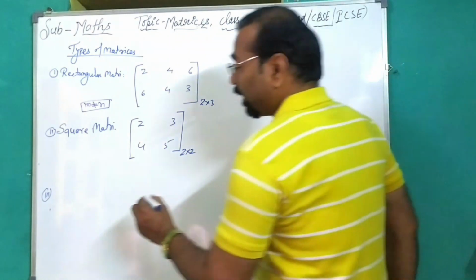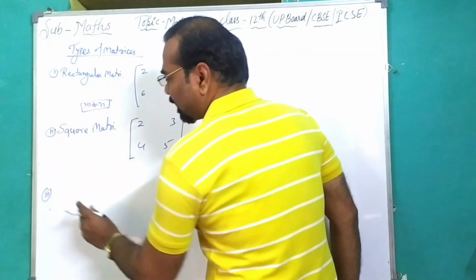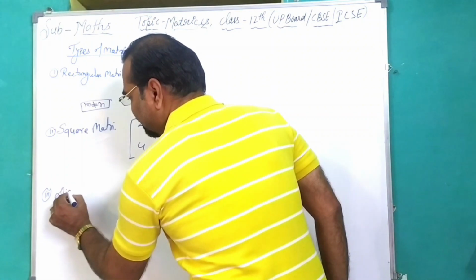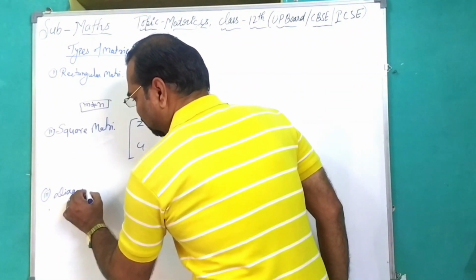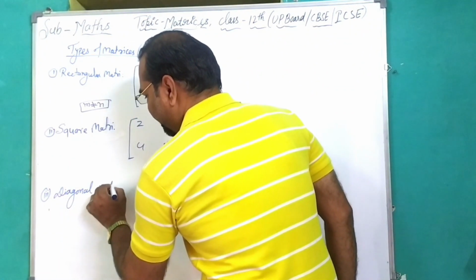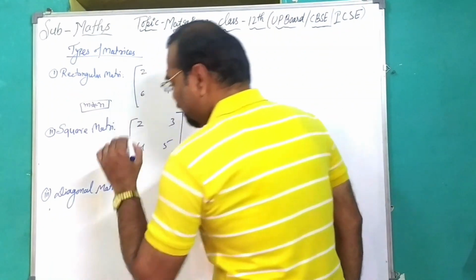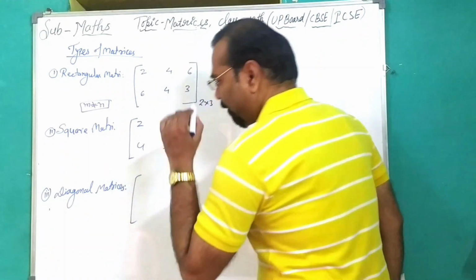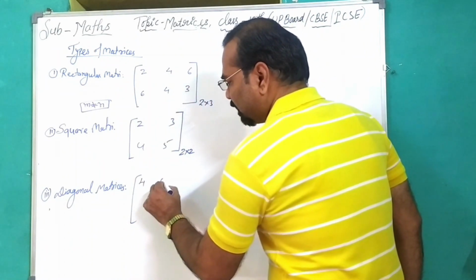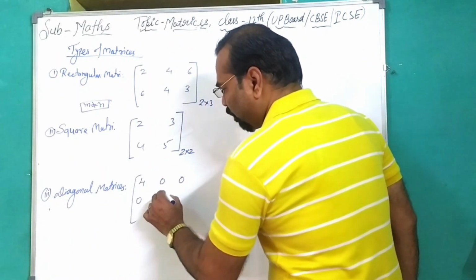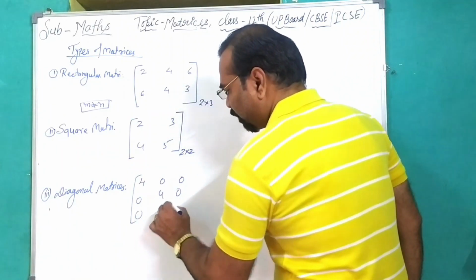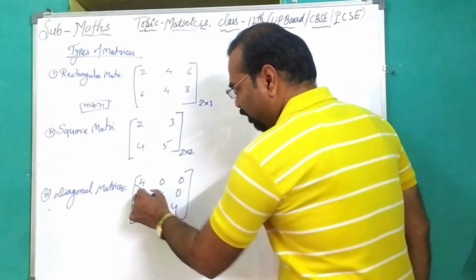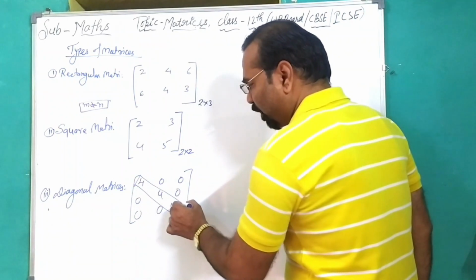Now the third one is a diagonal matrix. A diagonal matrix is one whose diagonal elements are, for example, 4 0 0, 0 4 0, 0 0 4. The diagonals have some values, but those values are equal.